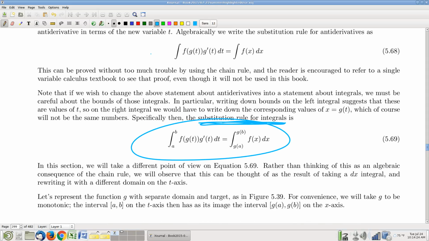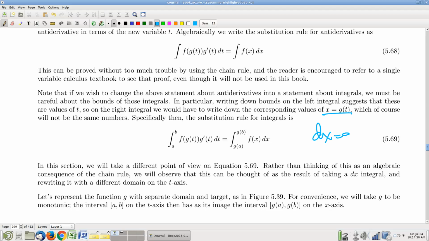The way you think about this in a Calc 1 class is, if x is equal to g of t, then dx is g prime of t dt. So you take your dx and write it as g prime of t dt, and everywhere you see an x, it's g of t.